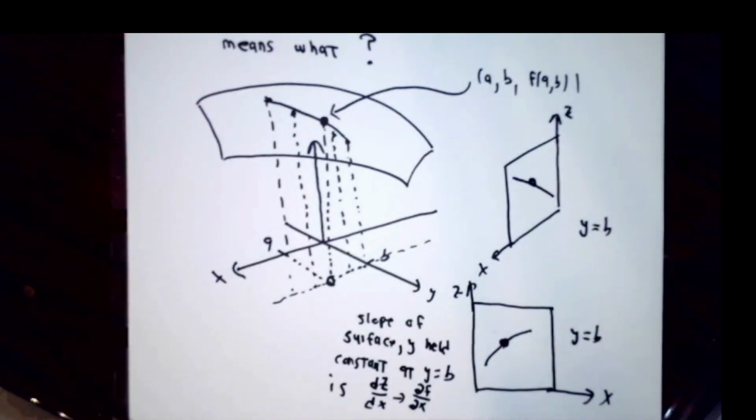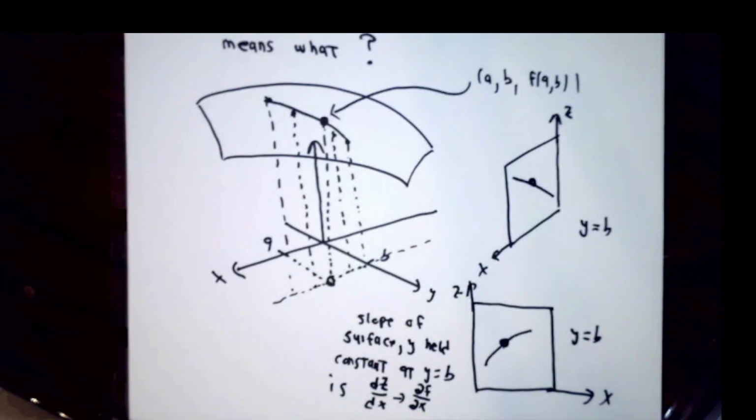If I think of z as just being a function of x, since y is being held constant, the slope of this tangent line is the rate of change of z with respect to x only. That would be the partial derivative of f with respect to x. So in a perfectly reasonable way, this partial derivative is the slope of the surface in the positive x direction.